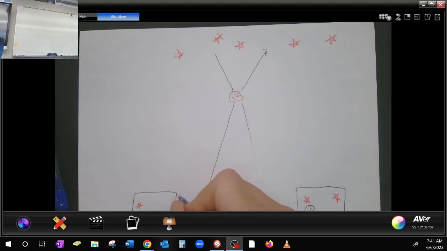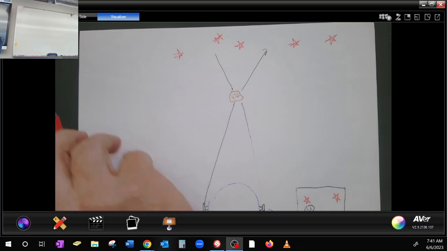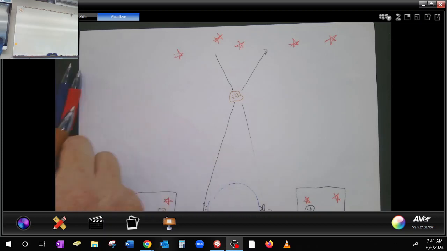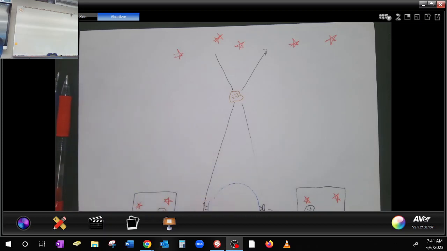Notice that the stars are fixed, so I'm trying my best to draw this and this. It's like the same picture. However, the asteroid would be over here. That's not a smiley face, it's an asteroid. There we go. The asteroid would be over here, all right?